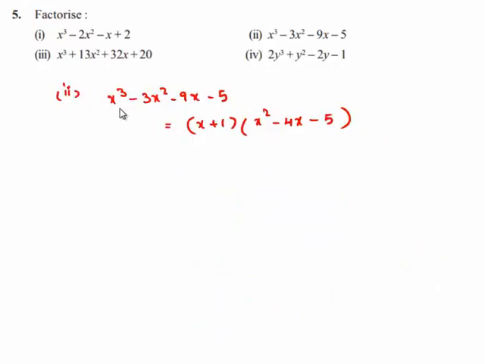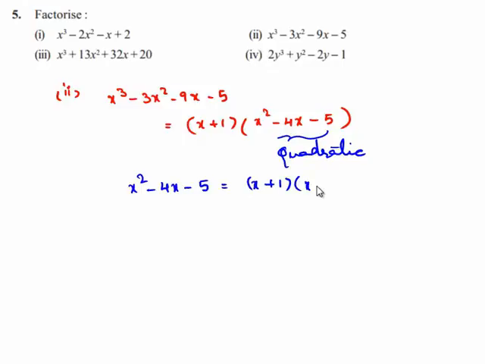So the given polynomial can be written as x cube minus 3x square minus 9x minus 5 is equal to x plus 1 times of x square minus 4x minus 5. We have found the factors for the quadratic polynomial as x square minus 4x minus 5 is equal to x plus 1 times x minus 5.